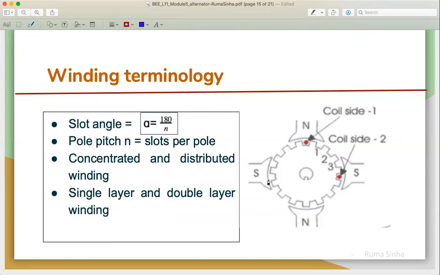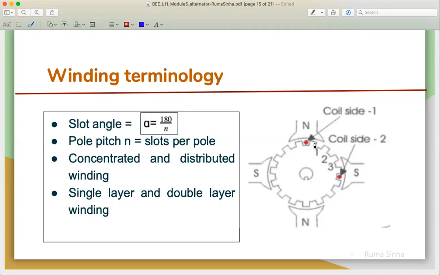So how many slots do we have in the overall outer periphery? If it is say 16 and we have 4 poles, then from one pole to another pole, I have 16 by 4, so 4 slots per pole.